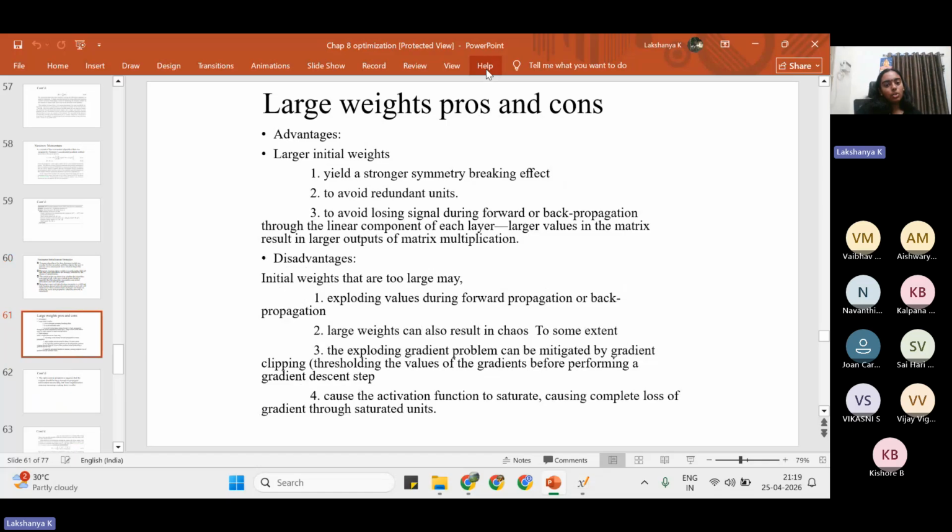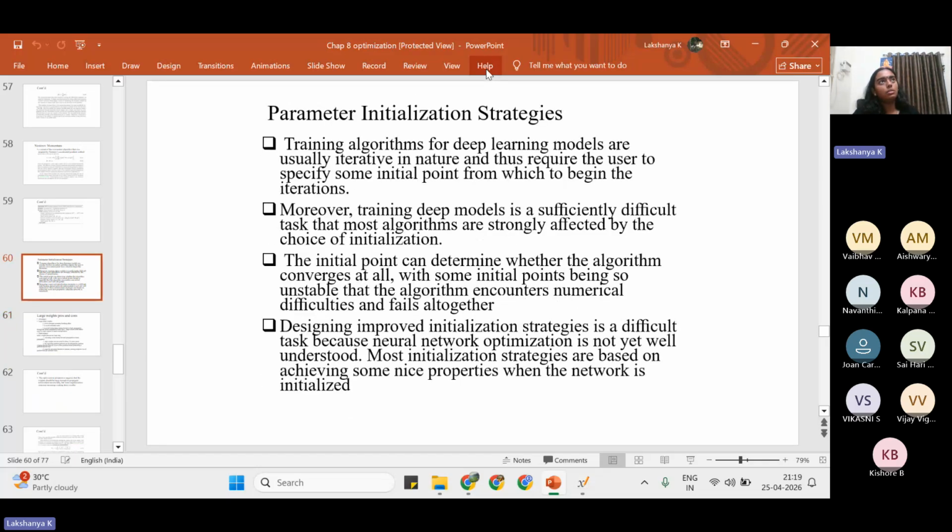There's no hard and fast rule, like if you follow this algorithm, you will start with the right initial weights. But there are certain strategies which are based on achieving certain properties when the network is initialized and so on. We're not going into those strategies, but we are just being informed here that such strategies exist.